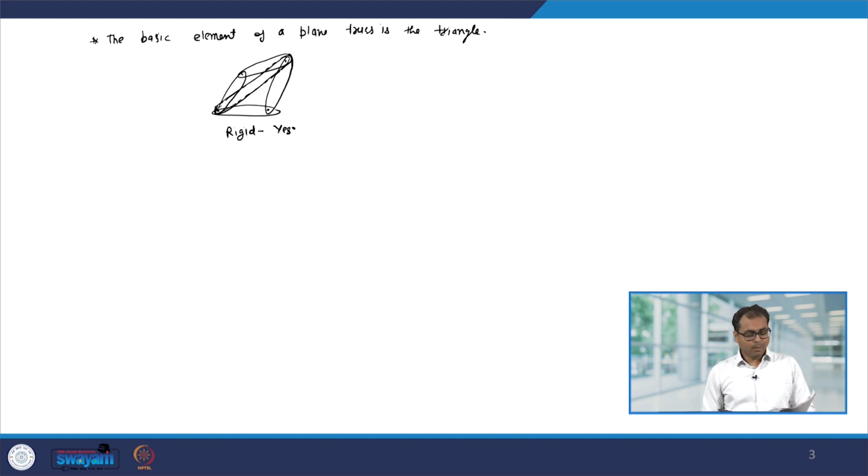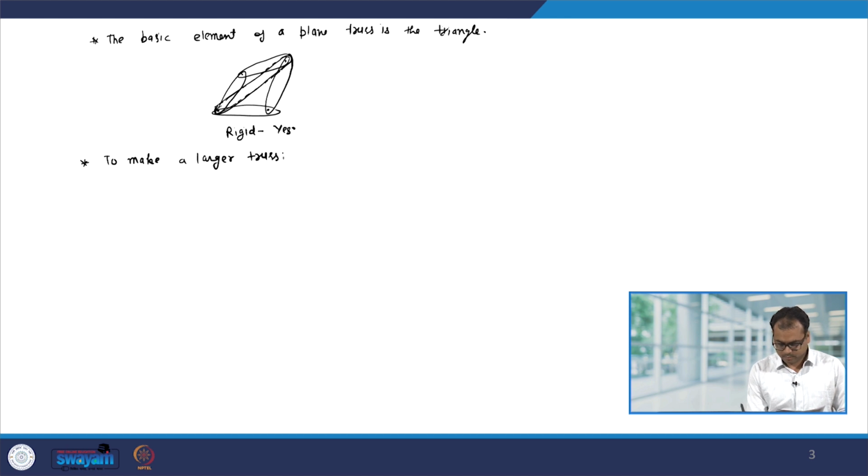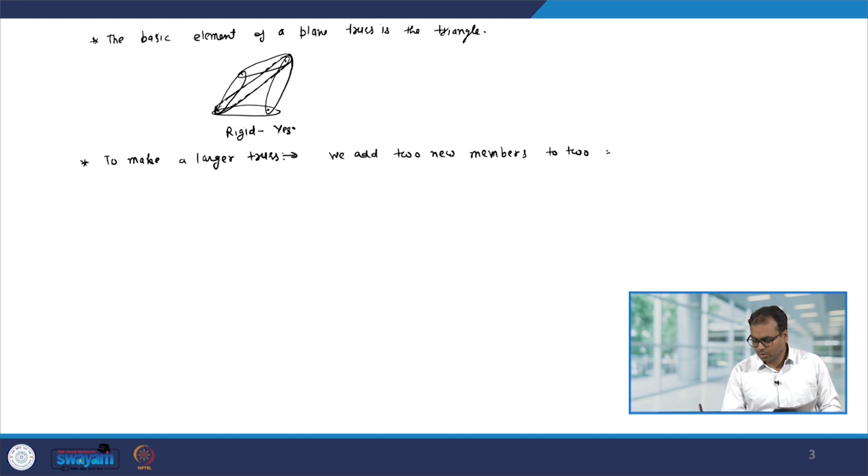Okay. So, how do I make a larger truss? To make a larger truss, what you have to do is add 2 new members to an existing joint and connect a new joint.